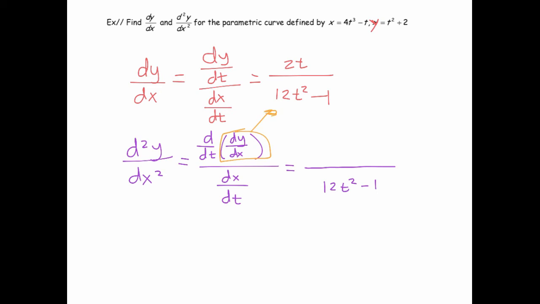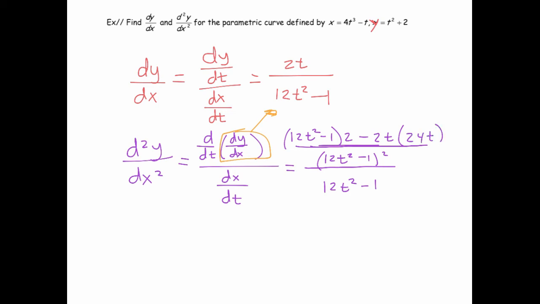The derivative of that whole thing is going to be (12t squared minus 1) squared at the bottom, and in the top, (12t squared minus 1) times the derivative of the numerator, which is 2, minus the numerator times the derivative of 12t squared minus 1, which is 24t.